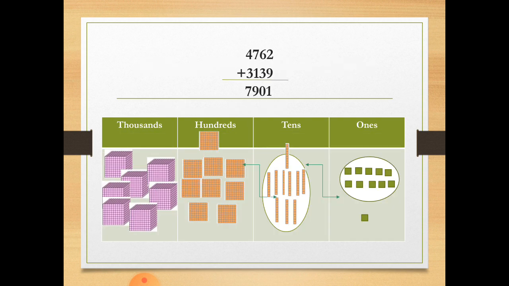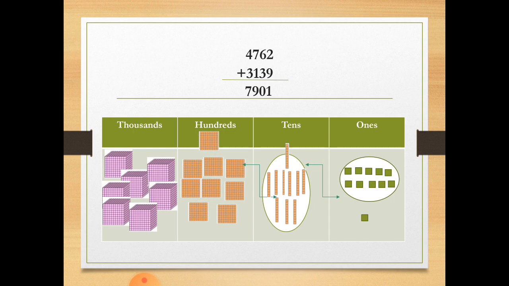Now start adding. 2 plus 9 is 11, so one block of 10 will be carried over to the tens column. Here, 6 plus 3 is 9, and one more 10 makes 10 tens. 10 tens means 100, so 100 will be moved to the hundreds column.